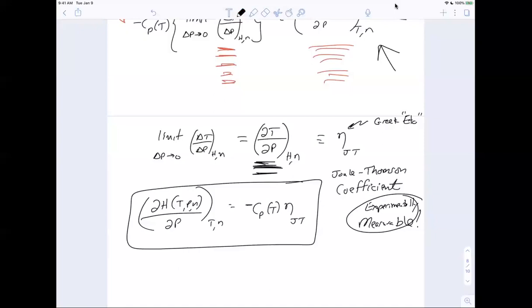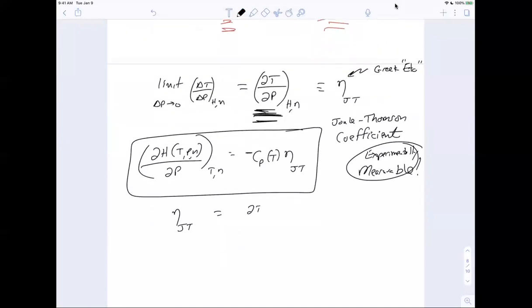The other thing is a little bit more practical. This Joule-Thomson coefficient, eta JT, is related to how temperature changes. Let me just write this here by itself. Eta JT is just how temperature changes with respect to changes in pressure.